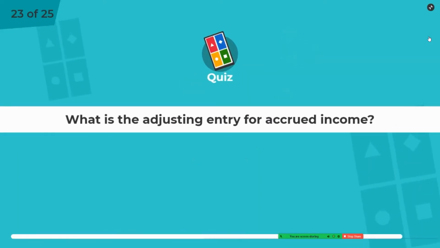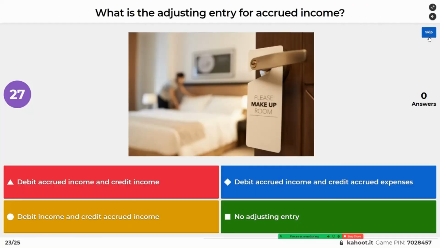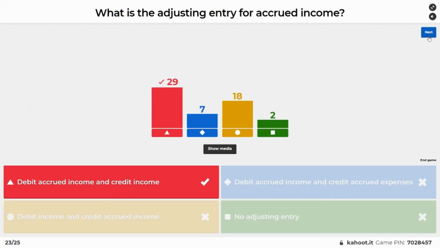What is the adjusting entry for accrued income? Okay, so it's letter A. I mean, it's debit accrued income and credit income, no? So 29 got the correct answer.